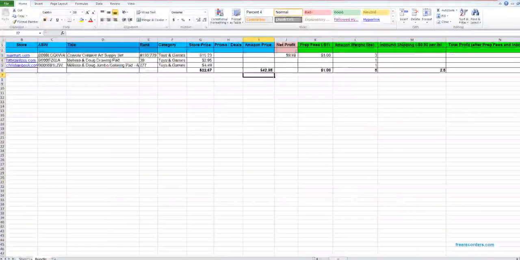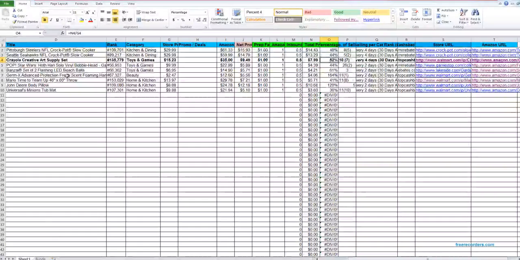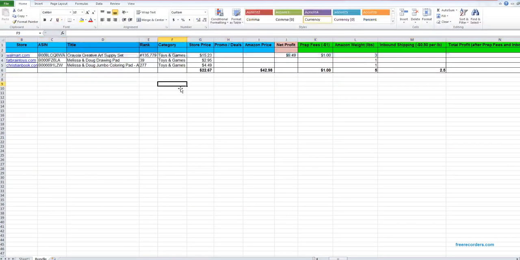So what I've done here, and what I'd like you to do, is add another tab to the spreadsheet and just call it bundle. So you have sheet 1 here, which has your individual items, how you normally look for items. The second tab is where I want you to look for any bundle opportunities. So I've done it here for you already, I've just filled it out. So we had your entry here, the Crayola Creative Art Supply Set.